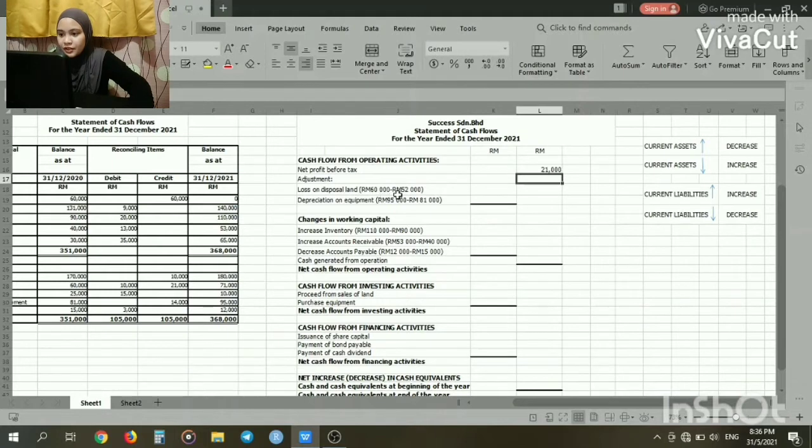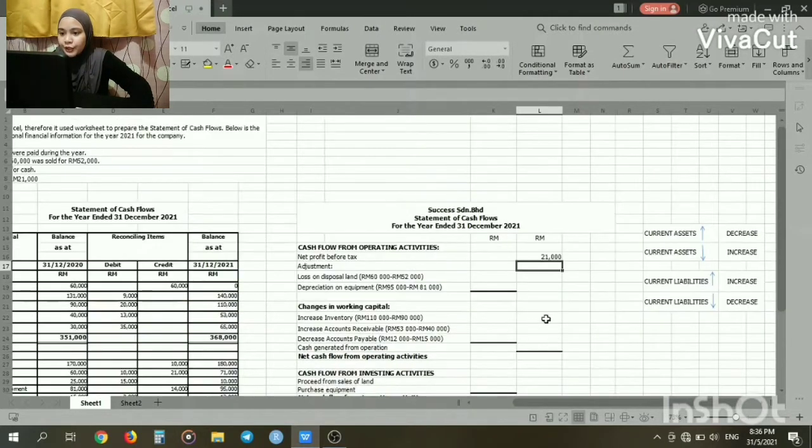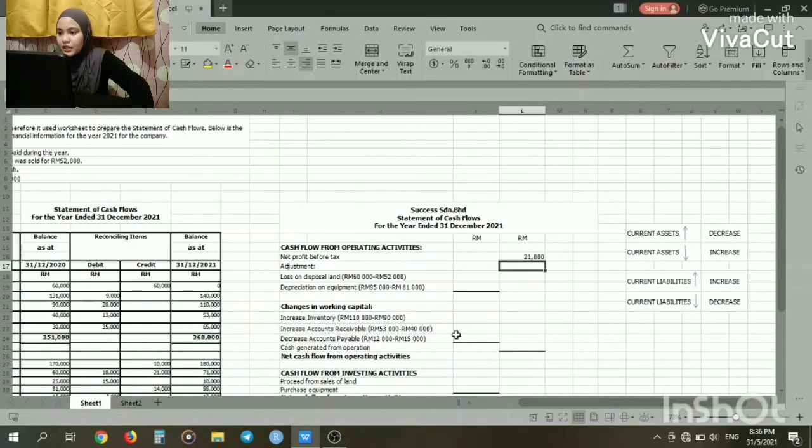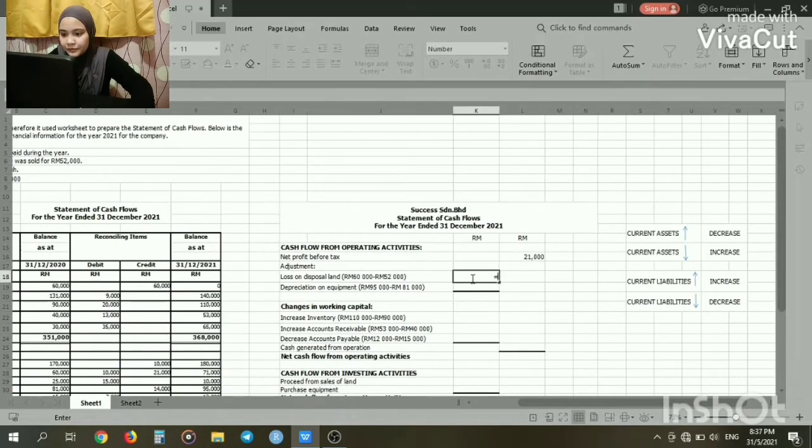For the loss on disposal of land, 60,000 must be deducted by 52,000, because from the previous information, land which originally cost 60,000 was sold for 52,000. So 60,000 minus 52,000 equals 8,000.